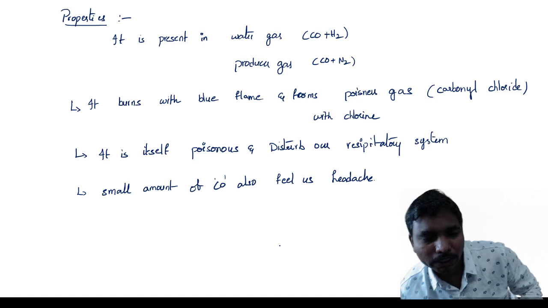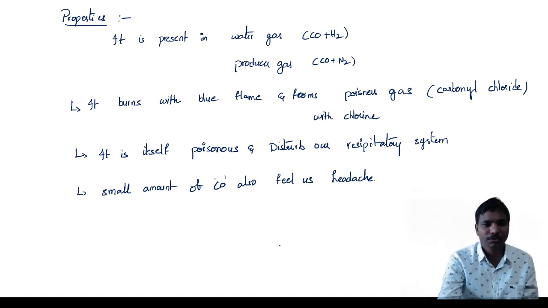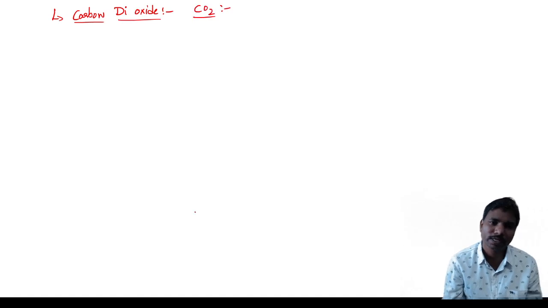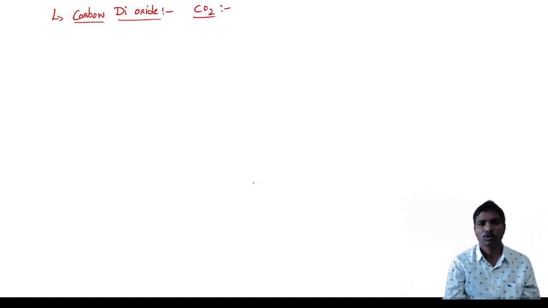Now coming to the next oxide of carbon, that is carbon dioxide. Di means two, two oxygens are there, CO2.